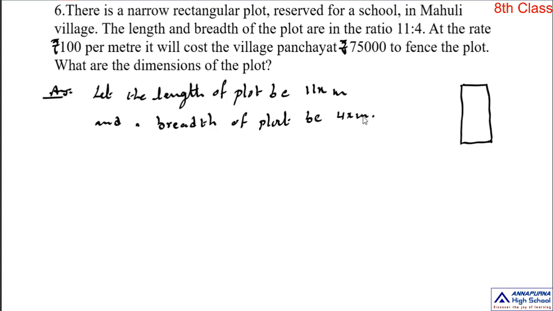So these are the two dimensions of the flat. Length is 11x meters and breadth is 4x meters. And at the rate of 100 rupees per meter, it will cost the village panchayat 75,000 rupees to fence the flat. That means 75,000 rupees is the total cost of fencing this flat at the rate of 100 rupees per meter.